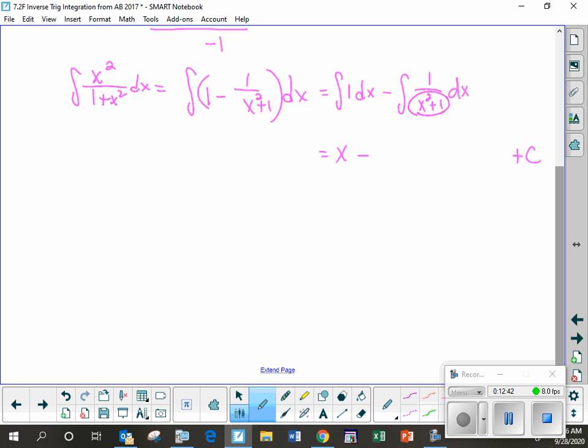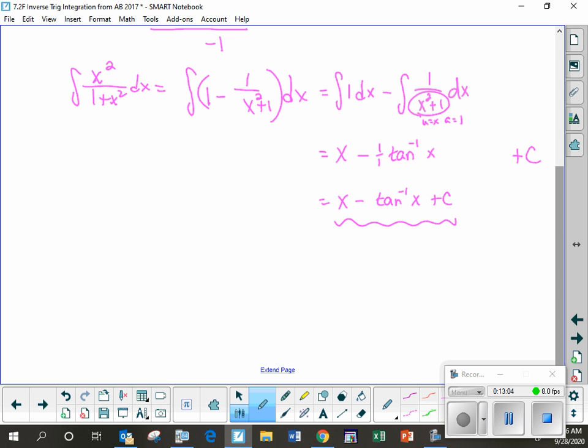I can see that this is standard arctan, u over a, u being x, a being 1. So it's going to be that, and this would have been a 1 over 1, so I don't really need to write that. I'd have x minus tan inverse of x plus c.